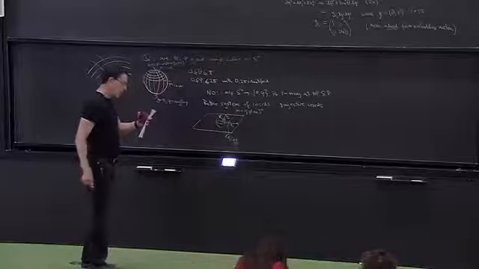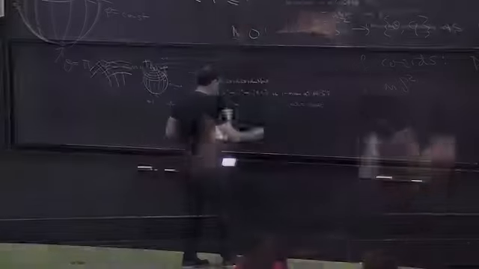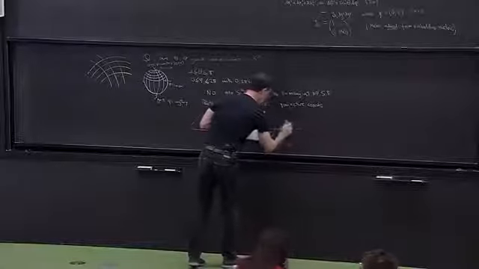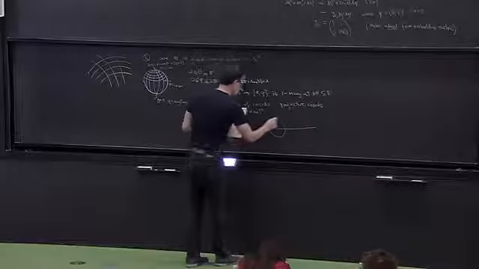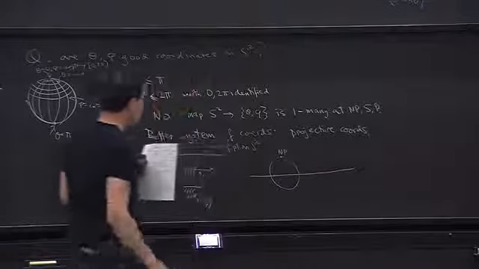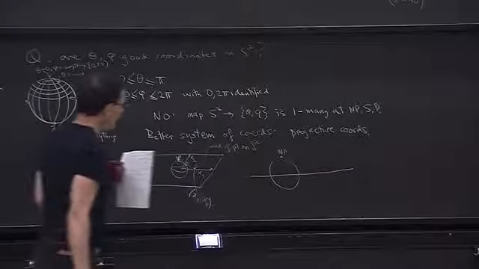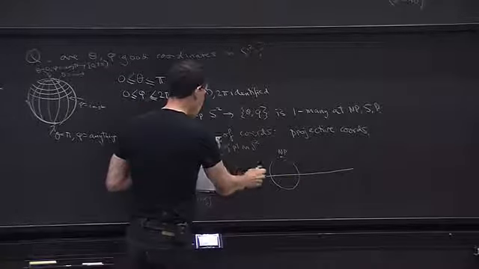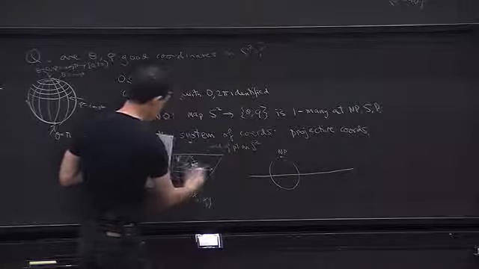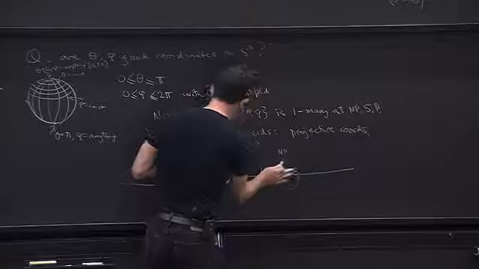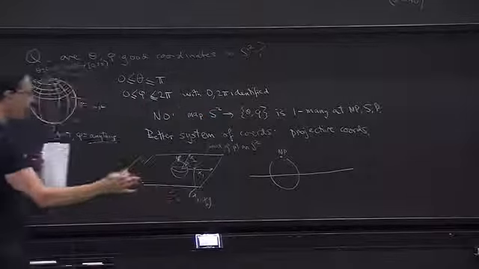Now, it's not hard to work out the formulae for these coordinates. Let's imagine we're standing at the North Pole, and imagine the point we're looking at lies on this circle corresponding to x2 equals 0.